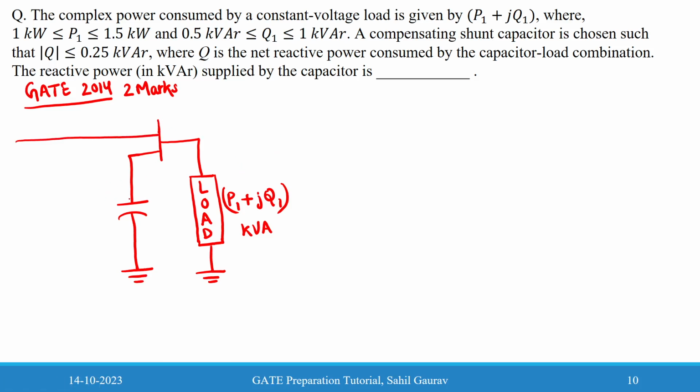Let us take the capacitor's reactive power as QC. P1 and Q1 are given, and this Q is given as 0.25 kVAr. So you can also write that this Q max that is coming from the line is 0.25 kVAr.